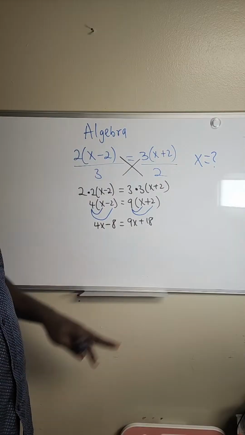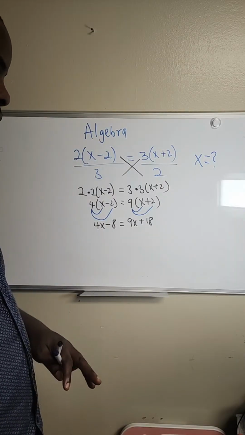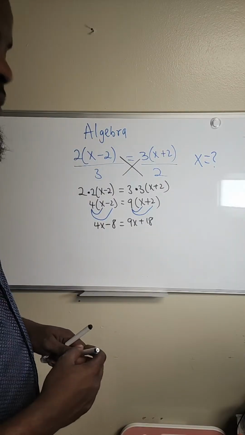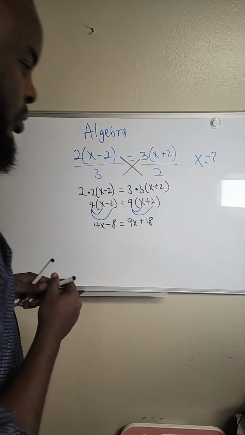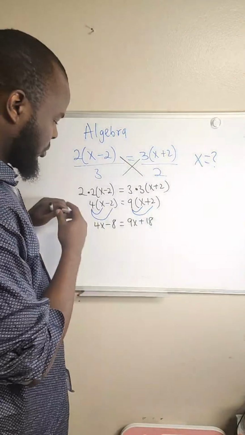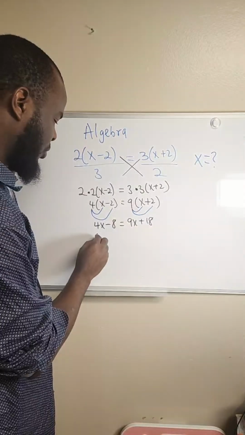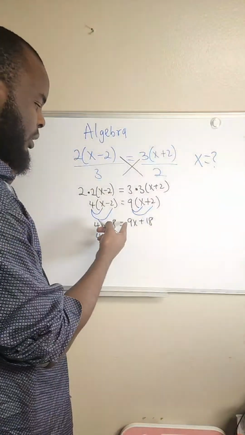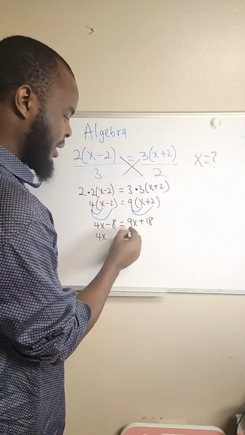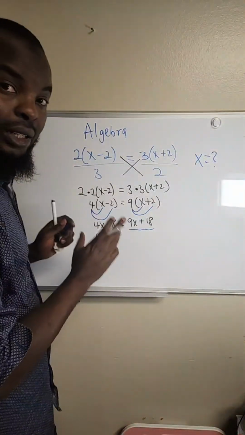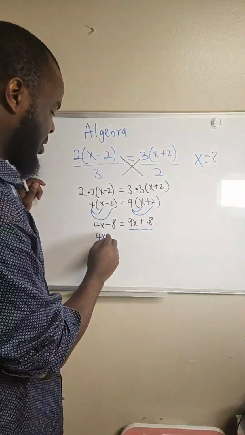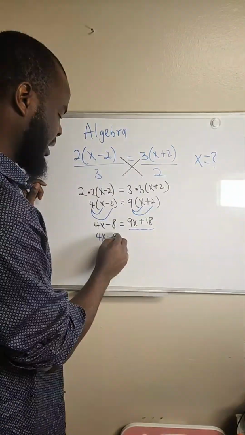Now, what is the next thing to do from here? I'm waiting. So the next thing you're going to do is, you have 4x. Anything on the right side, if you are moving it to the left side, the sign is going to change. So this is plus 9x, this is going to be negative 9x.